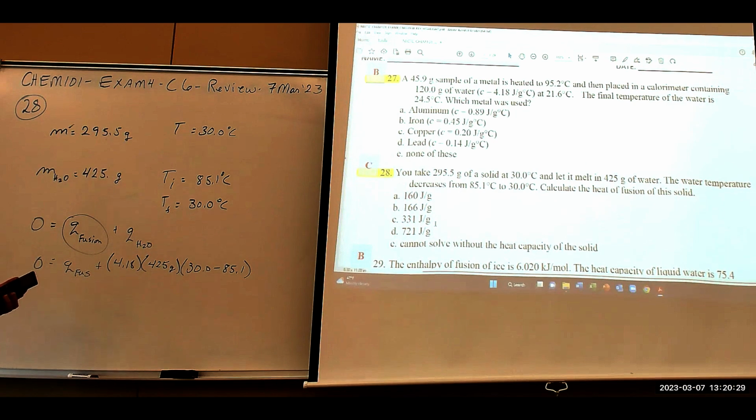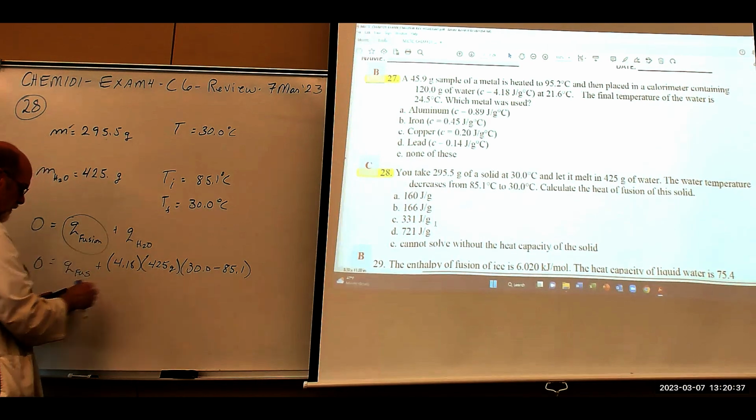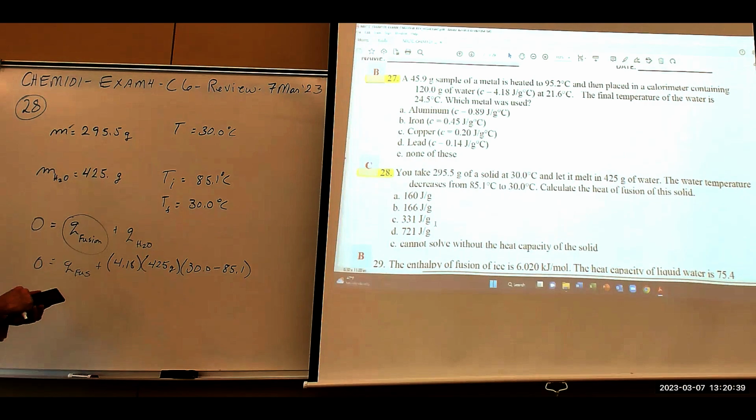Let's see, 85.1 and 30 is minus 55.1 times 425 times 4.18, which is, what are our values? Our values in joules per gram. It's a big number.